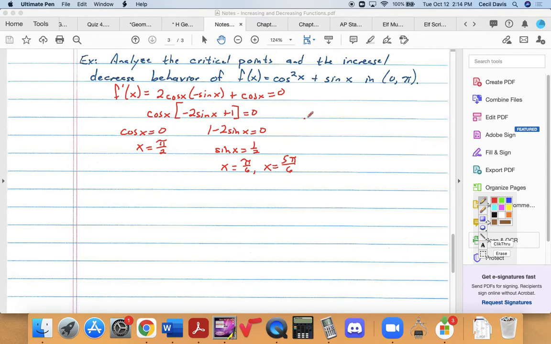Yay. So I'm going to do something from 0 to pi. Pi over 2 will be right in the middle. This will be pi over 6, and 5 pi over 6.